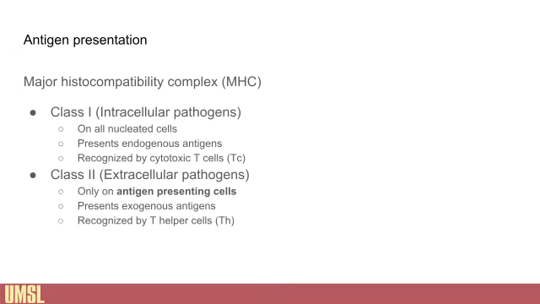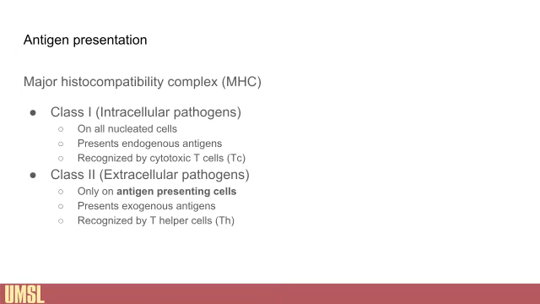But if a nucleated cell, say an epithelial cell, is invaded by a bacterium, there on those epithelial cells are these MHC class 1 receptors, and what happens to an infected epithelial cell, if it doesn't just outright kill itself, is it will try and turn that vacuole that an intracellular pathogen is going to use to invade that epithelial cell into the formation of a lysosome, grinding up that pathogen, killing it.